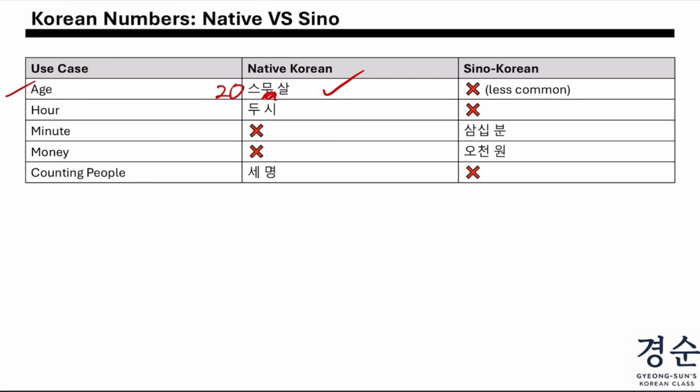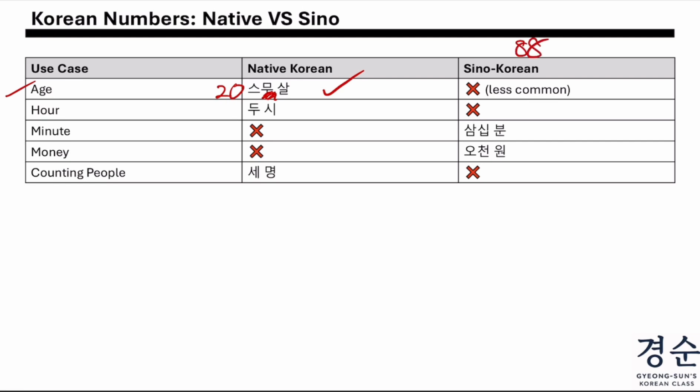For Sino-Korean numbers, it's less common, but sometimes we do use them. Why? Because, like I told you, as the number gets bigger, it's more difficult to remember them. Especially after 40, 50, 60, sometimes we just say, for example, 88 years old.